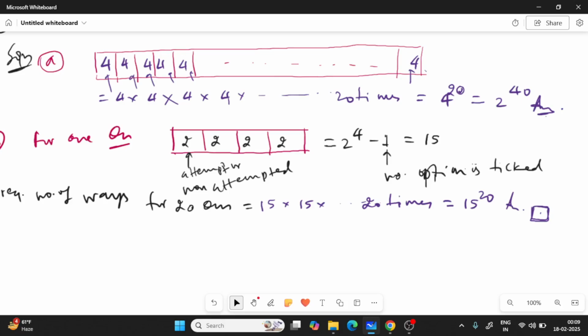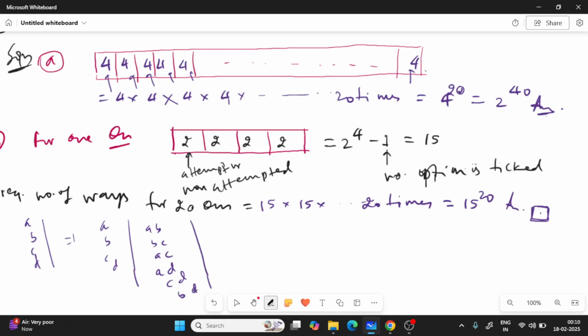You can also see clearly how it is 15. Suppose you have been given options A, B, C, D, and you can mark any number of options. If you mark only one option, then A, B, C, D are there. If you mark two options, then AB, BC, AC, AD, BD, CD.